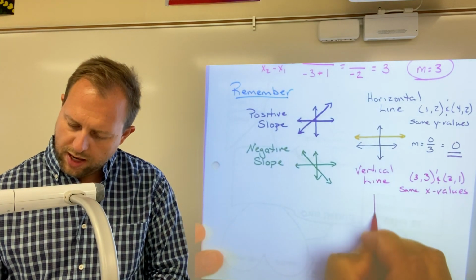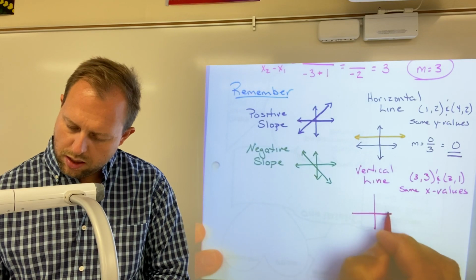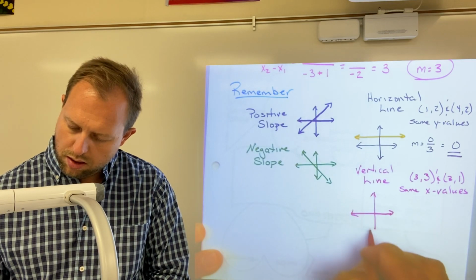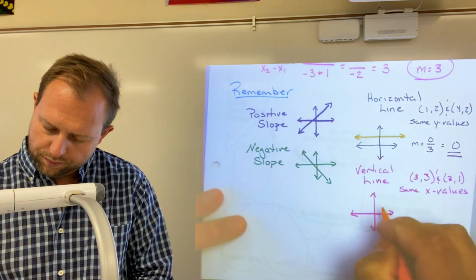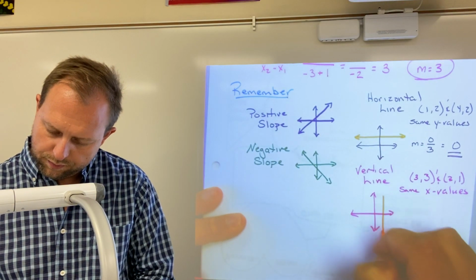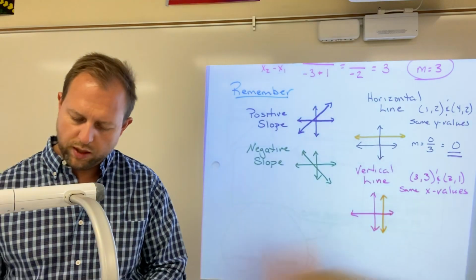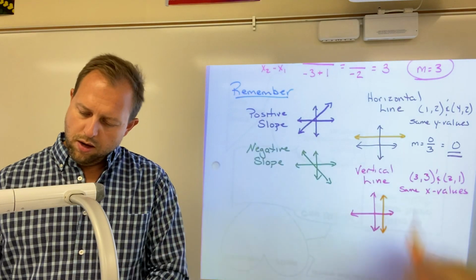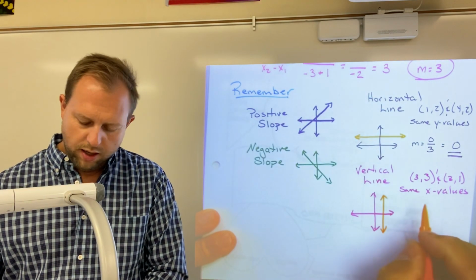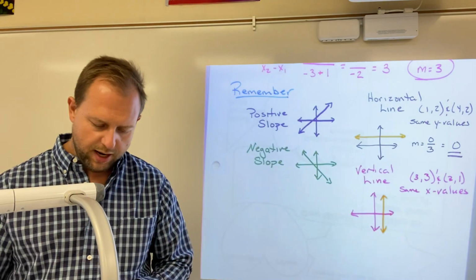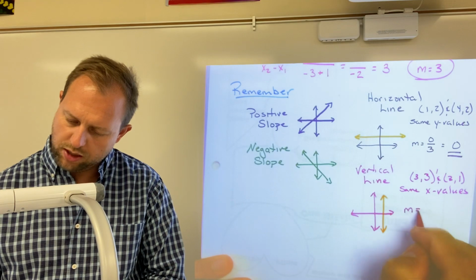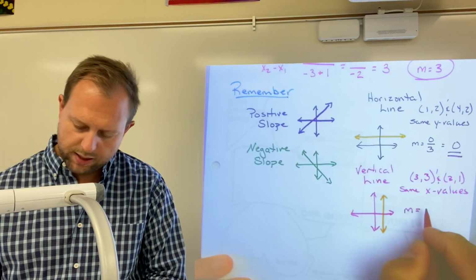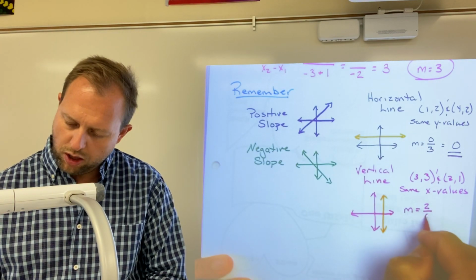So when we look at them, we get a line that runs vertical, and our slope in this case, we plug that in to the slope formula, we get 2 over 0.